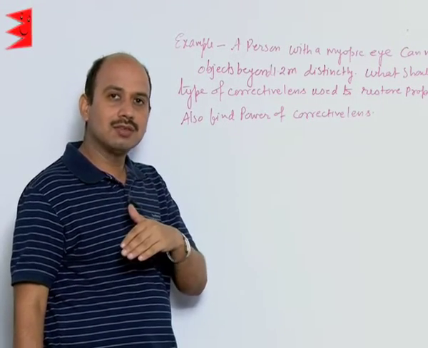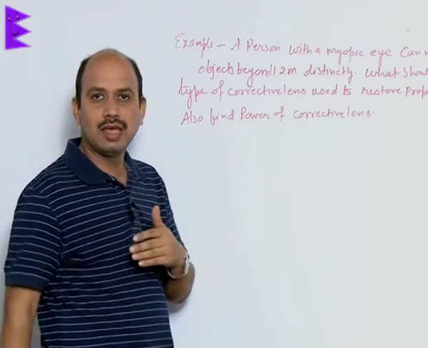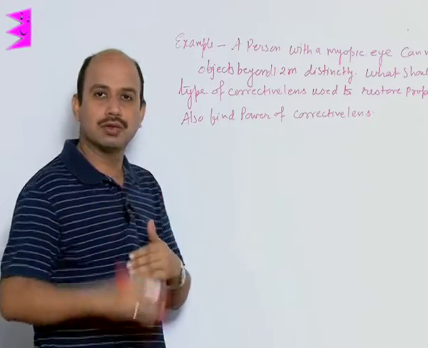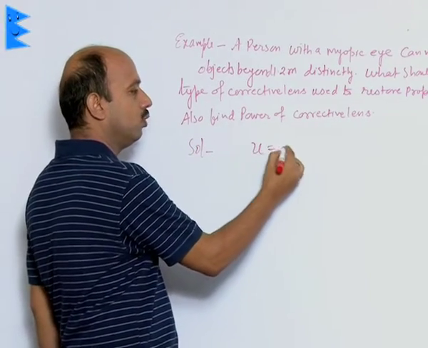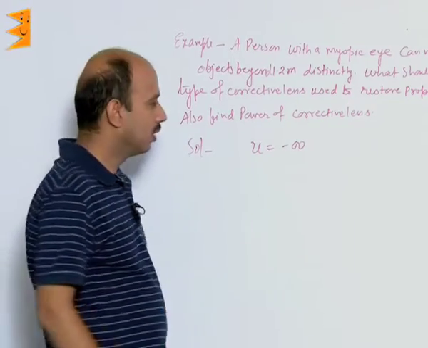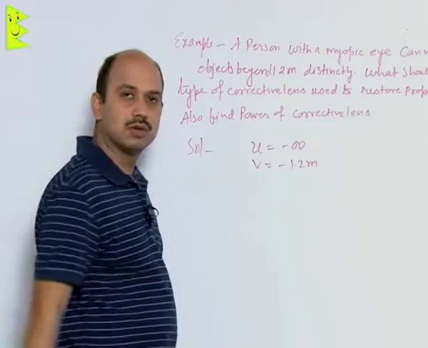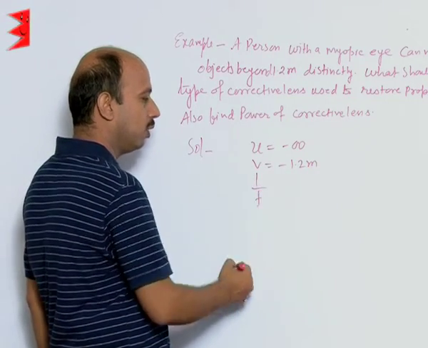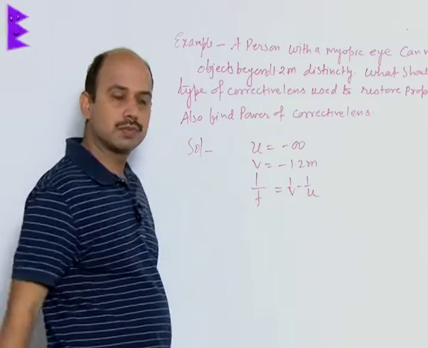For that given lens, the object is in front of the lens, that is at infinite distance, and the image is also in front of the lens, that is at a distance of 1.2 meter. So, we can take here u is equal to minus infinity because both are in front of the lens, v is equal to minus 1.2 meter. We know the lens formula, 1 upon f equal to 1 upon v minus 1 upon u.